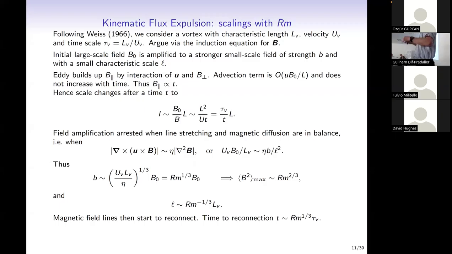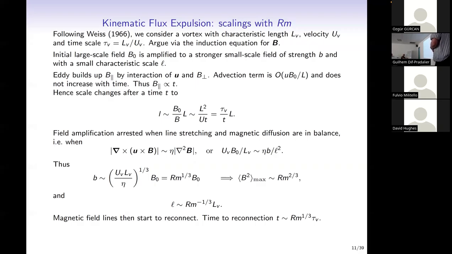Then you say, but at some stage, you're going to get small scales out of this. At some stage, diffusion is going to bite. And you balance those two terms and say that's when the field will have reached its peak value. So you can consider B perpendicular to the eddy, parallel.